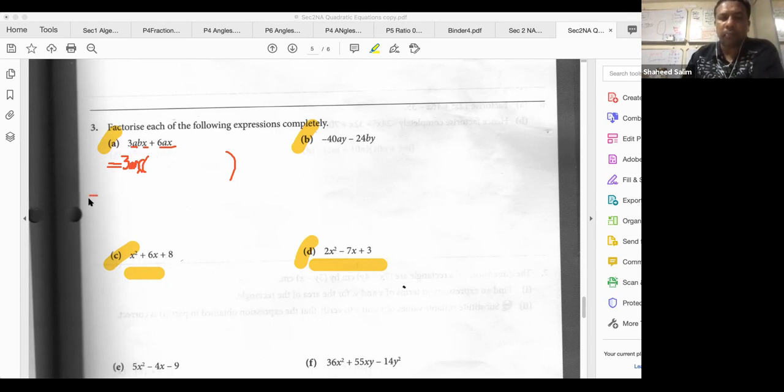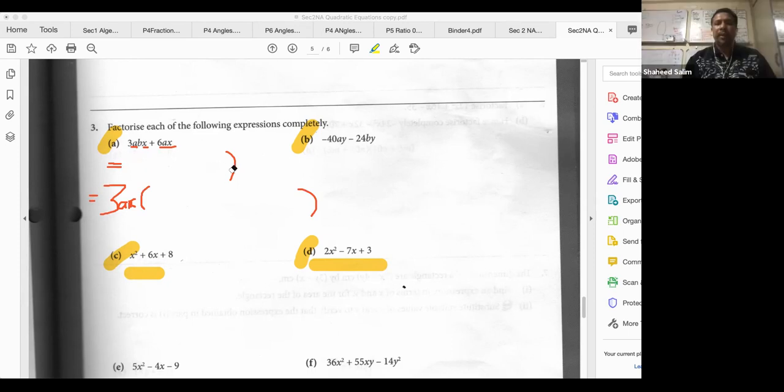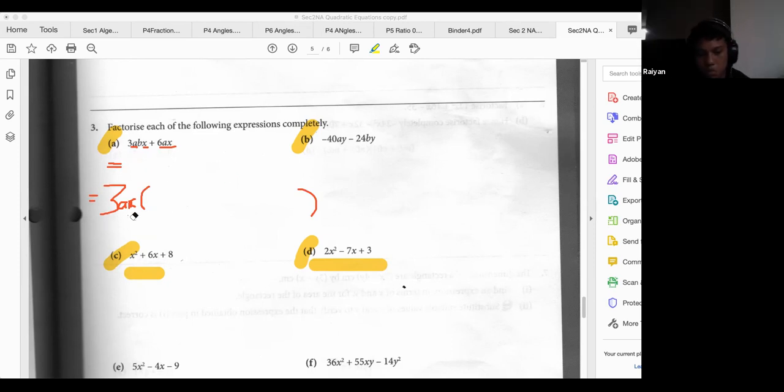We cannot see. I write again. 3AX times what equals to 3ABX? Inshira or Ryan, either one. B. Times B. You see, B is not in here. So if I times B, I get 3ABX.